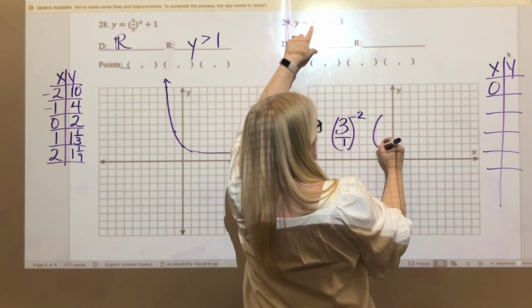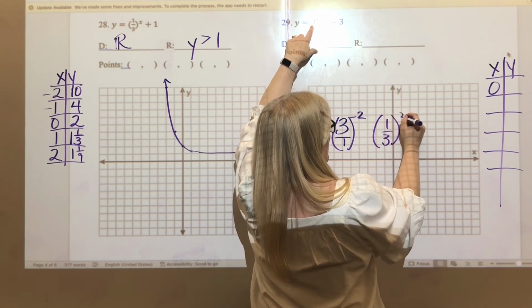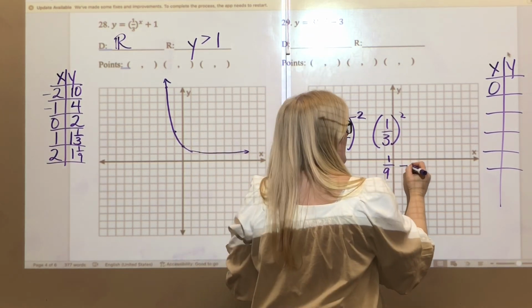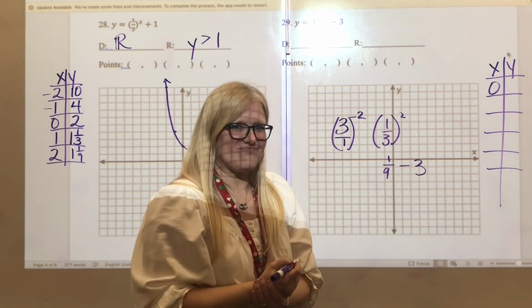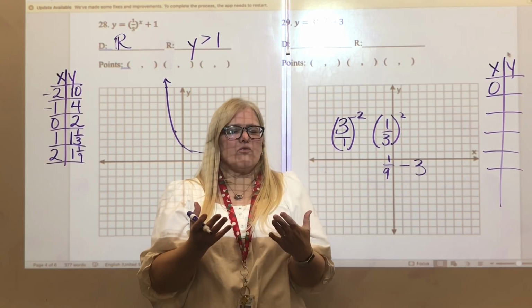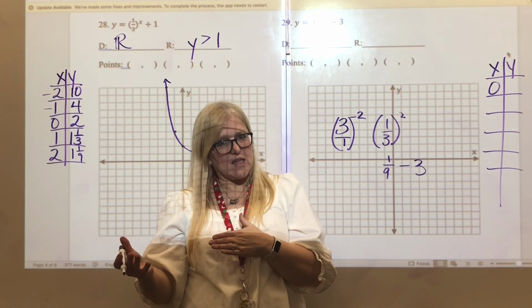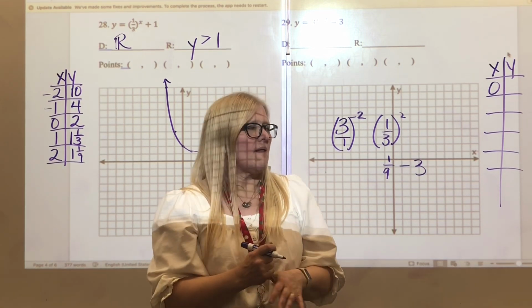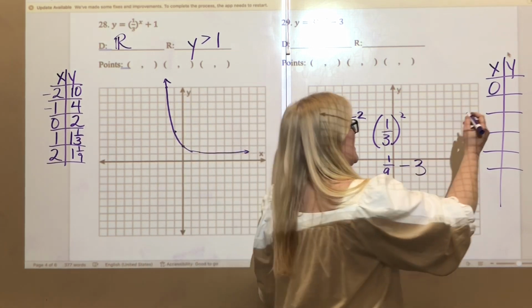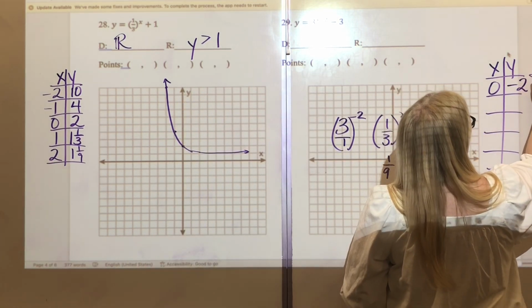Remember, we flip it and square it, it's 1/9. Now this is the tricky part. What's 1/9 minus 3? It's the same thing as negative 3 plus 1/9. It doesn't help, does it? Well, when I subtract these, I get negative 2 and 8/9.